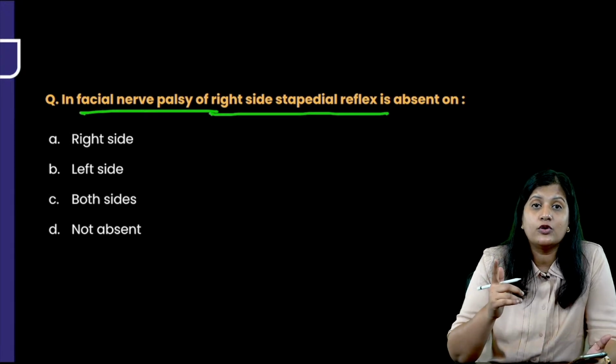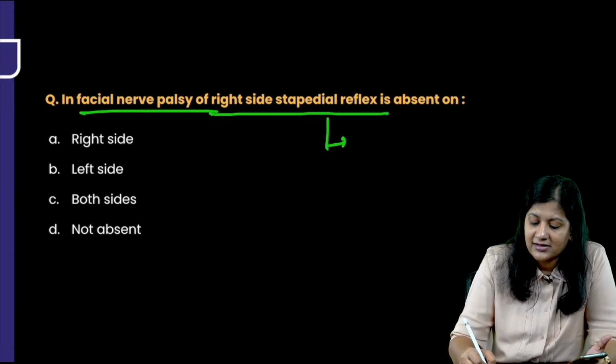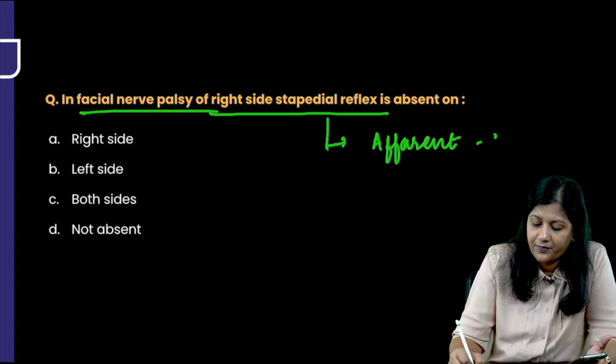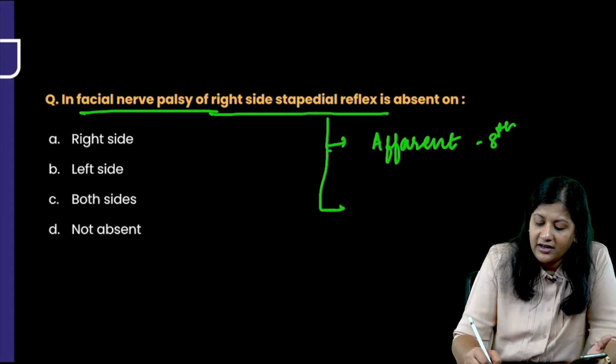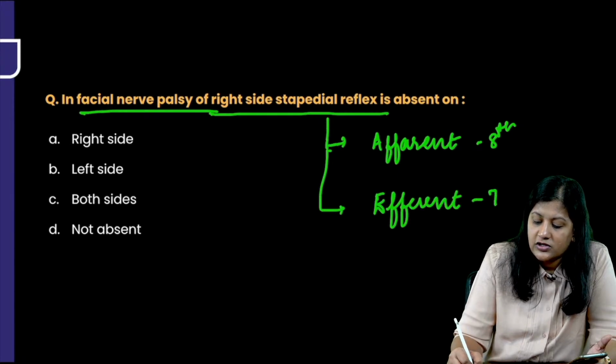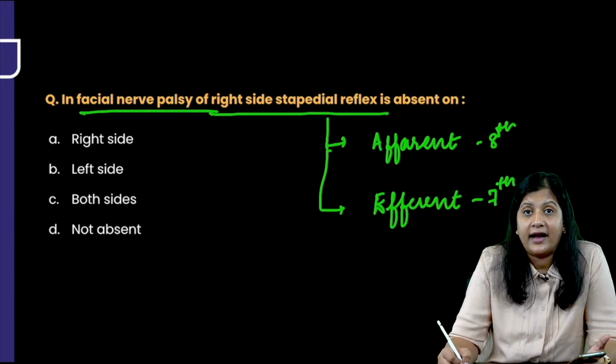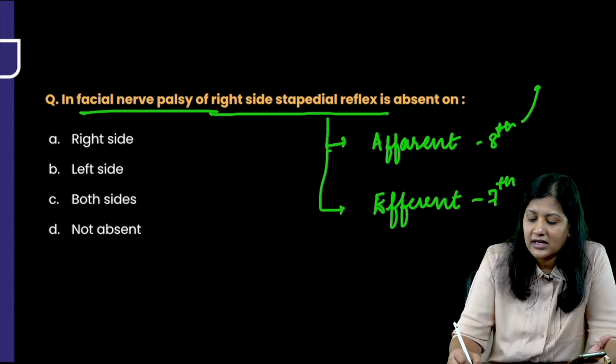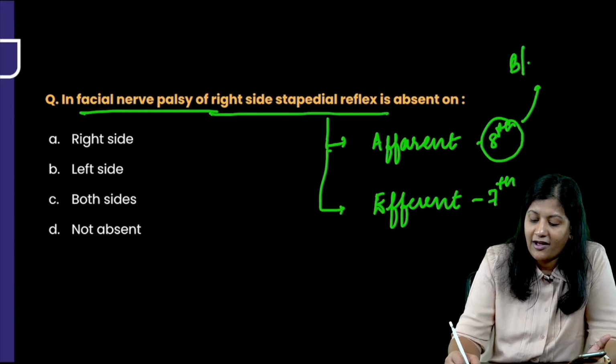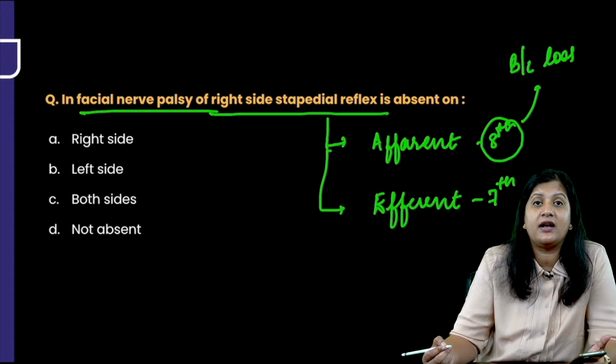For that you should know that in the stapedial reflex the afferent is via your 8th nerve and your efferent is via your 7th nerve. So if there is an 8th nerve pathology, you will have bilateral loss of stapedial reflex.